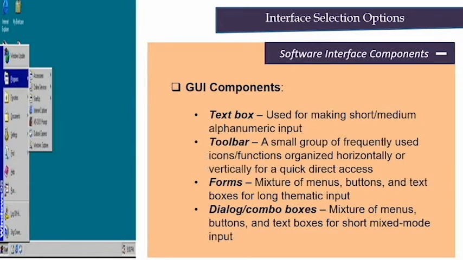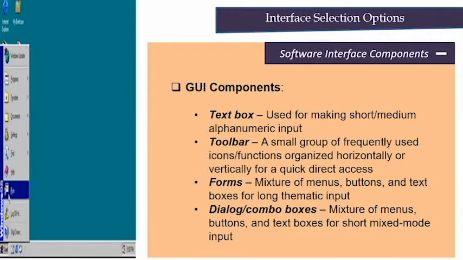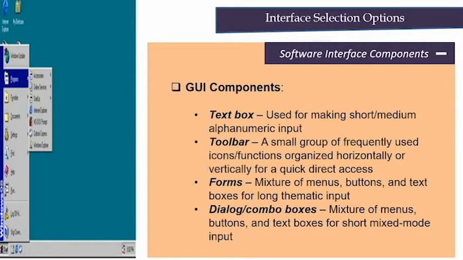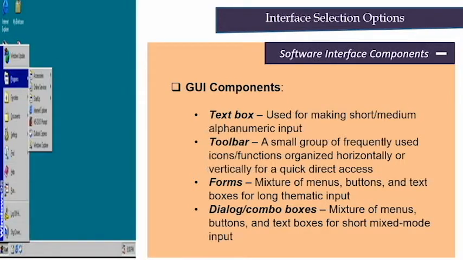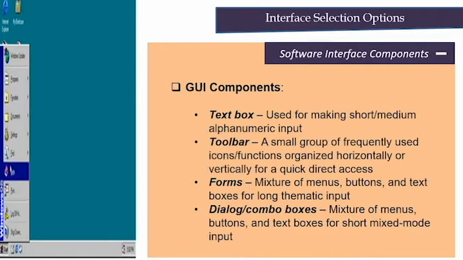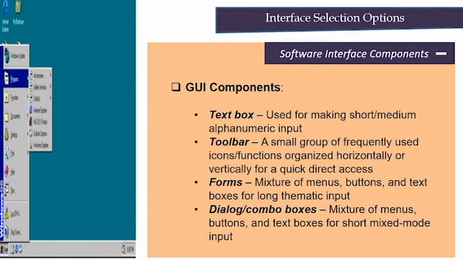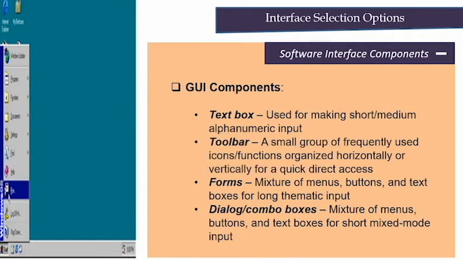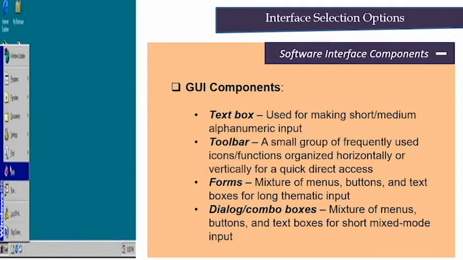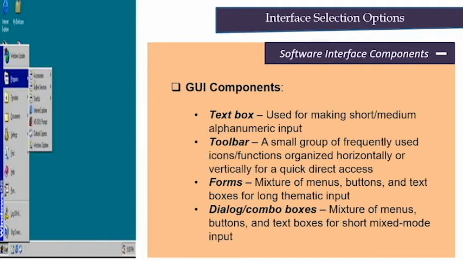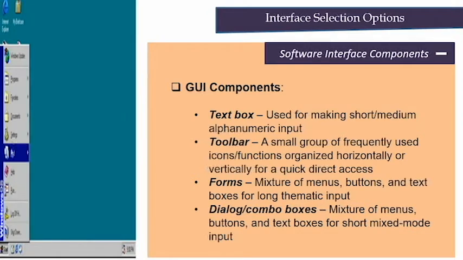Also, these are sometimes referred to as the WIMP, or window, icon, mouse, and pointer. In considering interface options, it is very important to understand the following representatives of GUI elements.